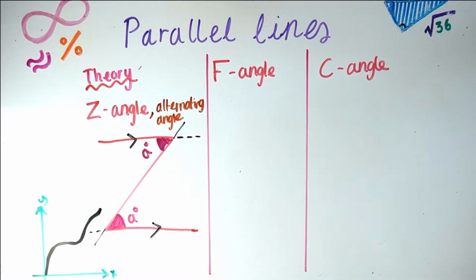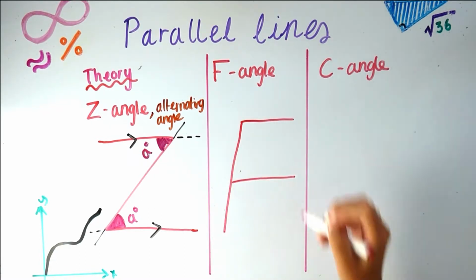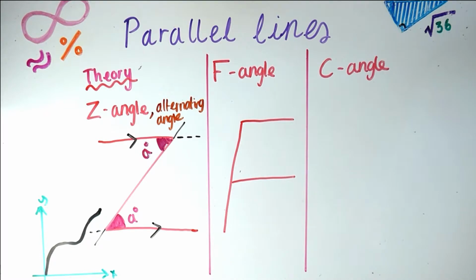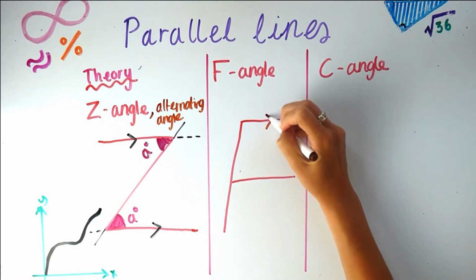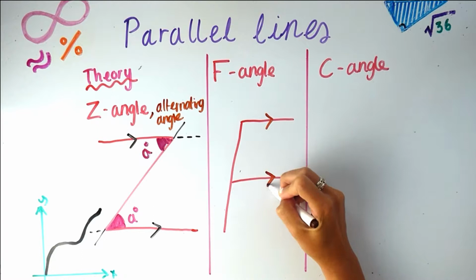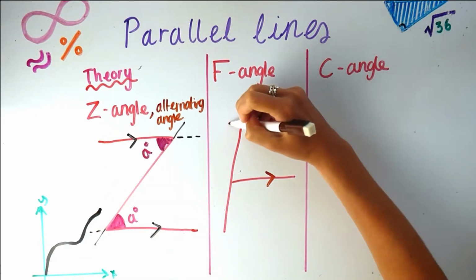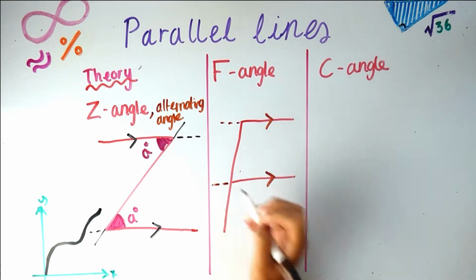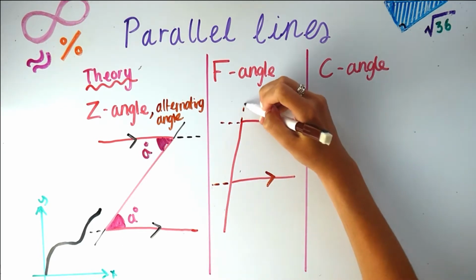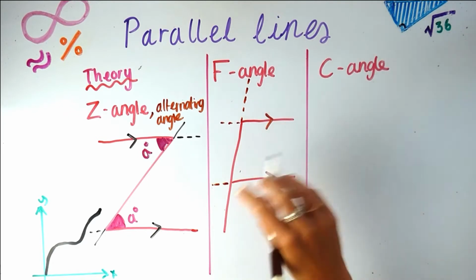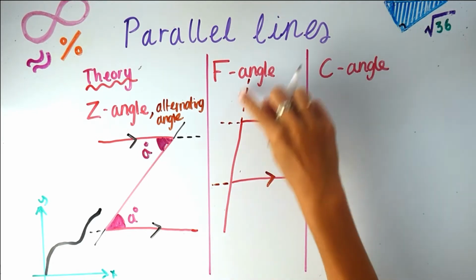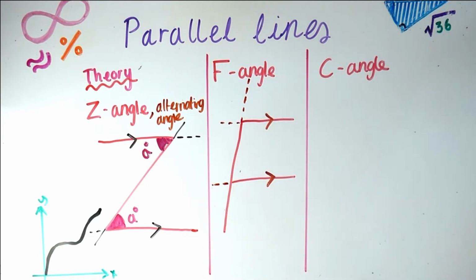What about F? So here is my F. I'm just going to adapt this bit. These 2 lines are parallel for this to work. Remember, we are always dealing with parallel lines. They could extend this way, and we've got this line that crosses it, and it makes an F. Let's say all these lines are attached, but if you've got good eyes, you can see that there's an F in there.